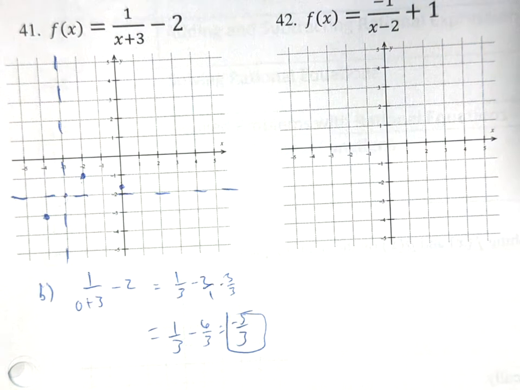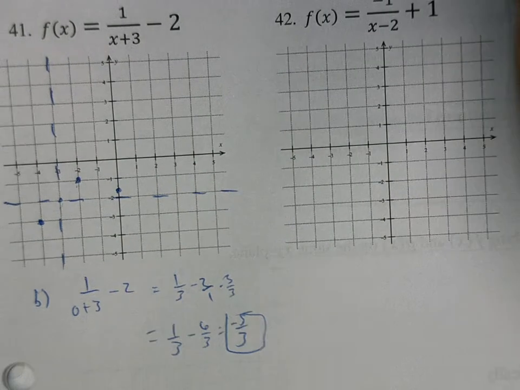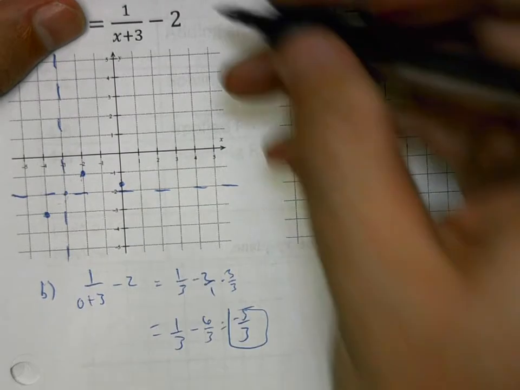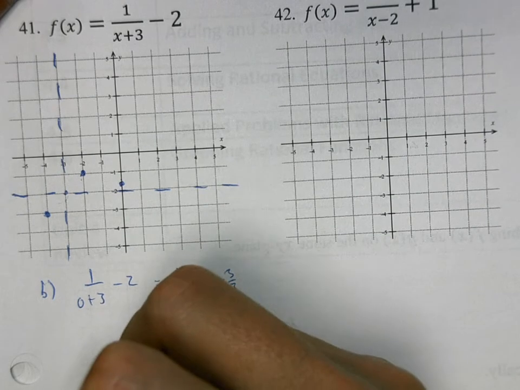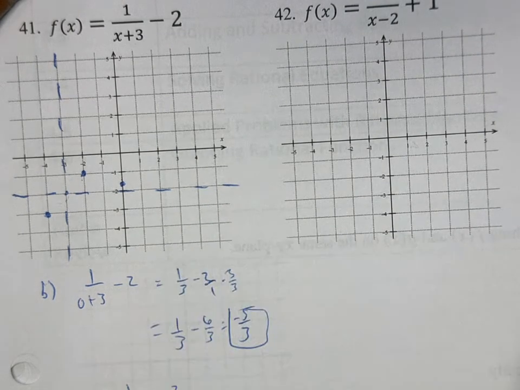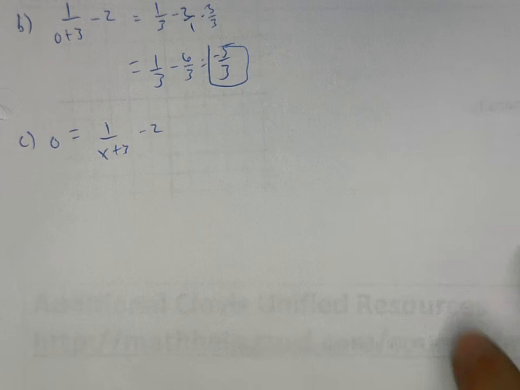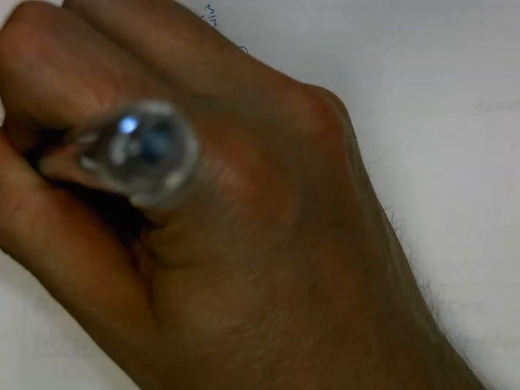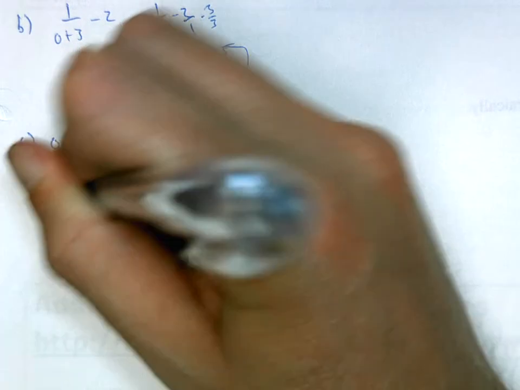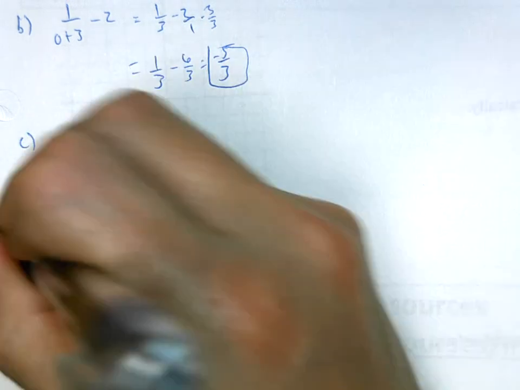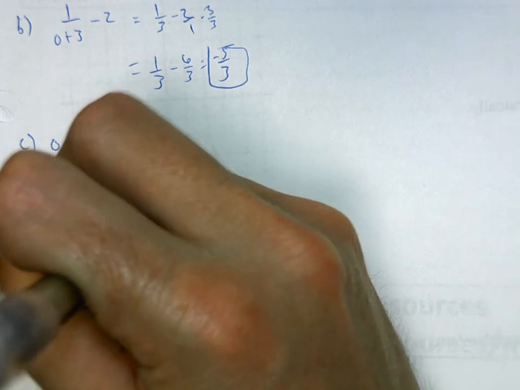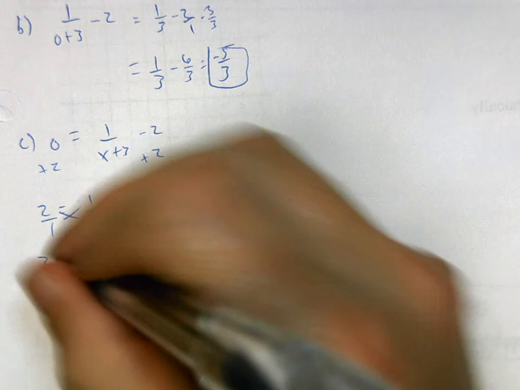And to find our x-intercept, you plug 0 into y and solve. So 0 equals 1 over x plus 3 minus 2. So we add 2 to both sides, and we get 2 equals 1 over x plus 3. Cross multiply. 2x plus 6 is equal to 1. Subtract 6 on both sides, and 2x is equal to negative 5.